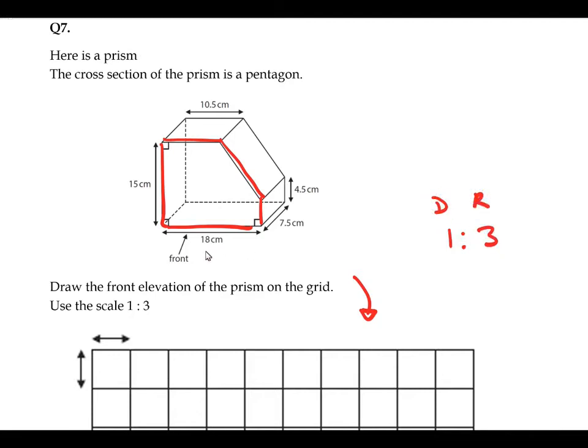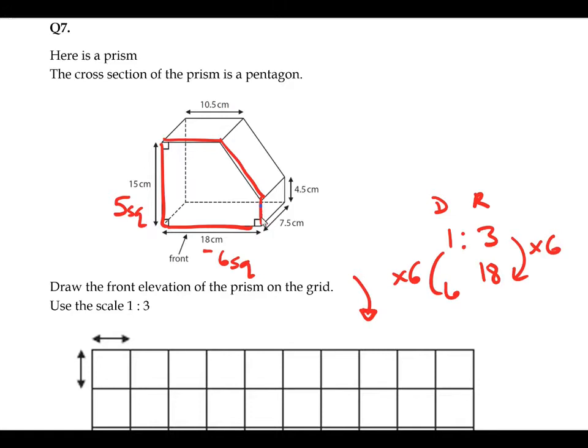So for example, the base here is 18 centimeters, so the scale is 6, so I need 6 centimeters to represent this. So 6 squares will represent that. Same for the 15. If we divide it by 3, we end up with 5 squares for this.